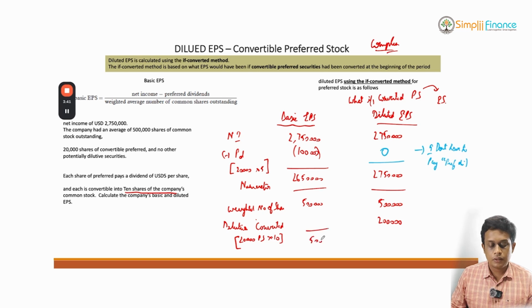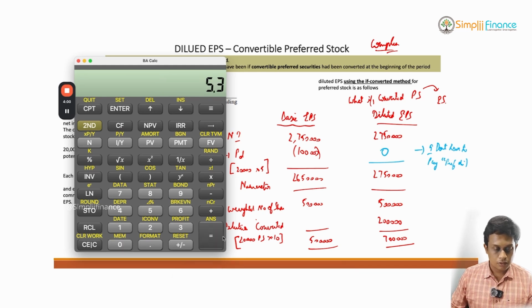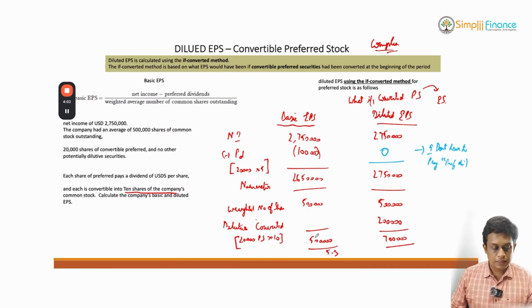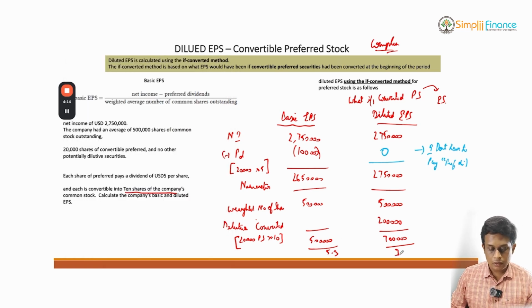So the denominator here increases to 7 lakh or 700,000. So here the basic EPS is 2.65 divided by 500,000, that is 5.3 as basic EPS, and the diluted EPS becomes 3.92.